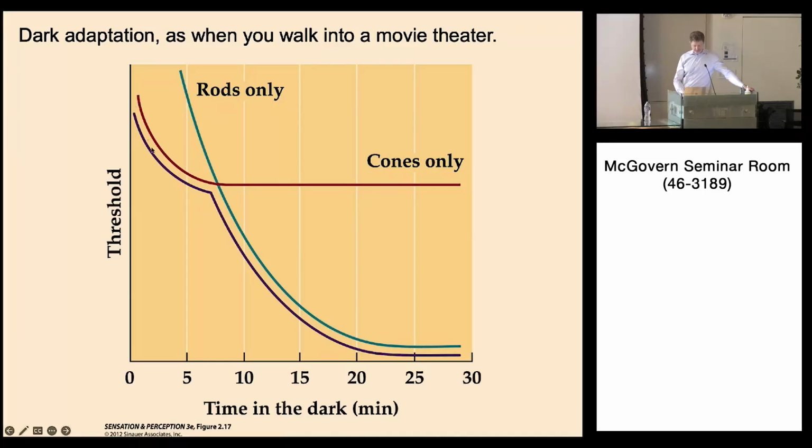The cones adapt a little bit, but then they cap out at this level of sensitivity. That's the best they can do. Then the rods continue to adapt, and their sensitivity starts to exceed that of the cones. Your behavioral threshold will be determined by whichever class of photoreceptors is more sensitive at that moment in time. So here, that'll be the cones, and here, that will be the rods.